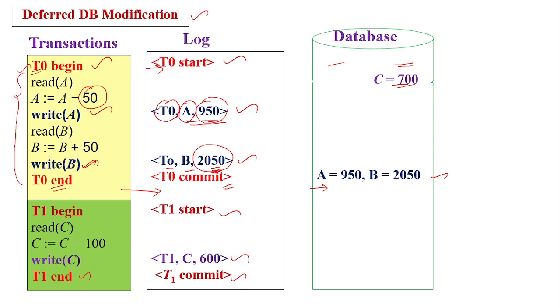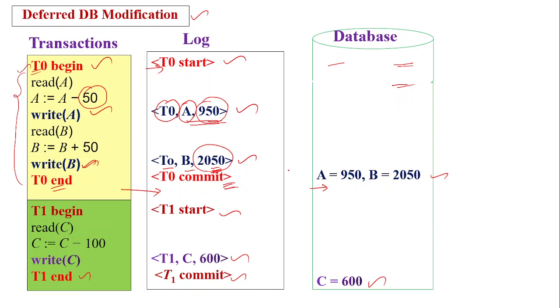And after the commit record into the log only, it makes the corresponding update into the database. In this way, deferred database modification technique updates the database only after the partial commit of the transaction.